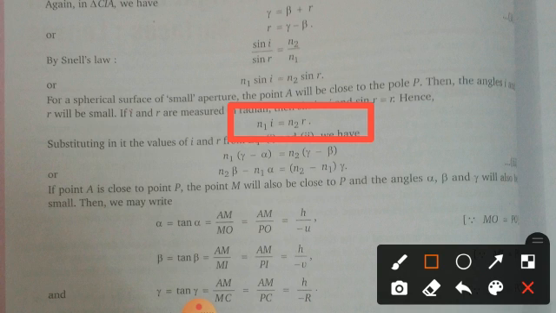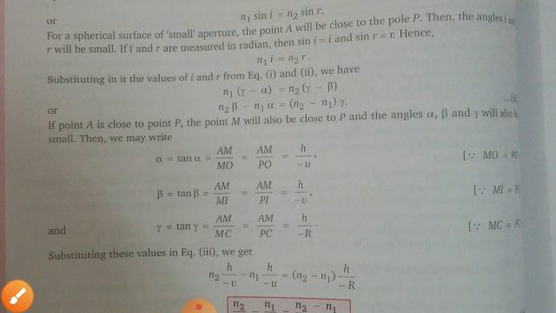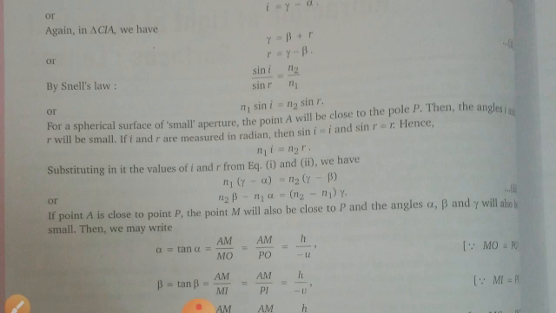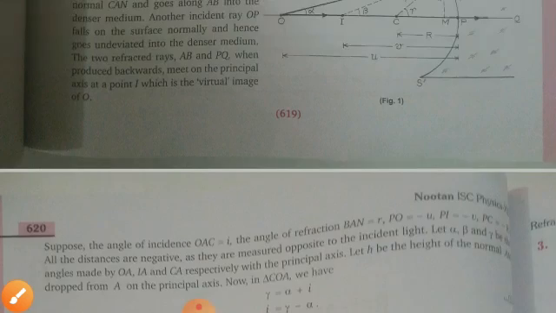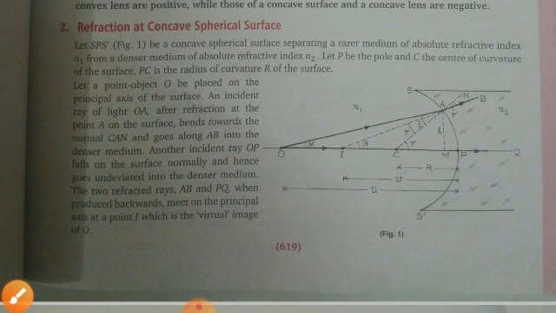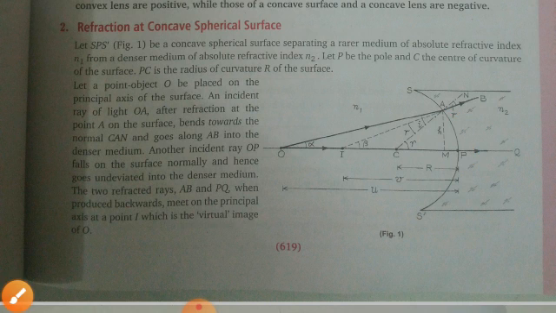After arranging and solving, we get N2 beta minus N1 alpha equals N2 minus N1 of gamma. If point A is close to point P, the point M will also be close to P and the angles alpha, beta and gamma will also be small. So what can we write then? You can see here in the figure, if the point A comes closer to the point P, this point M also comes very near to the point A.